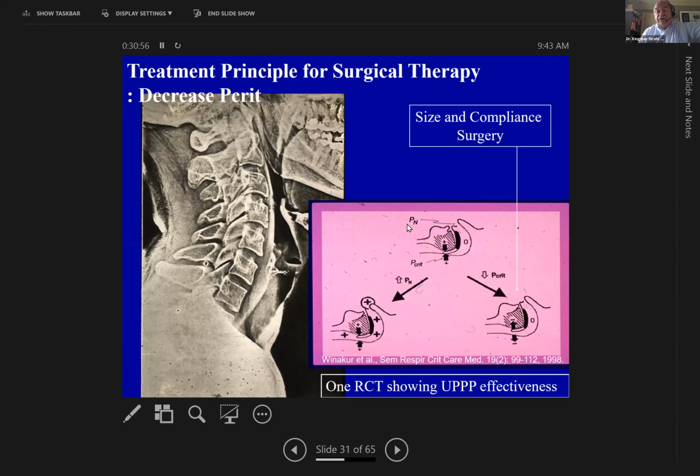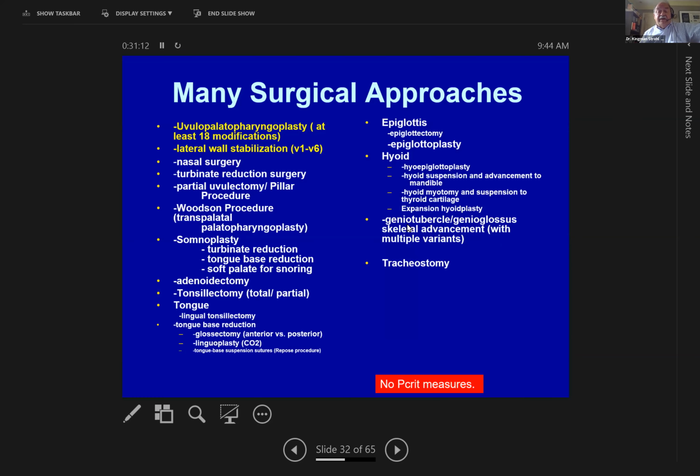So, surgery. Surgery wants to change size and compliance, right? There's only one RCT showing effectiveness of uvulopalatopharyngoplasty, but it's really not as predictable as one would want. There are many surgical approaches. There are no Pcrit measures. They're just starting to do Pcrit measures before and after surgery.